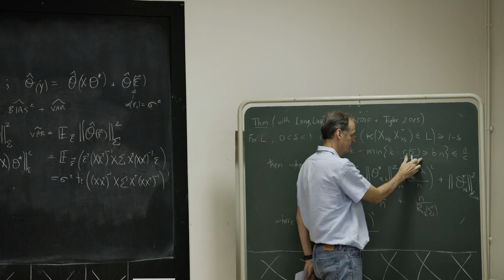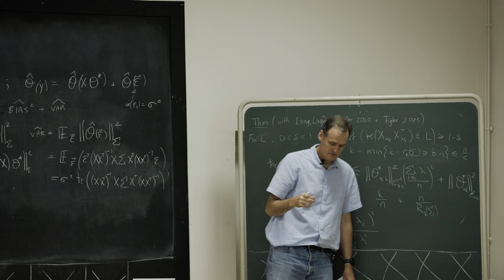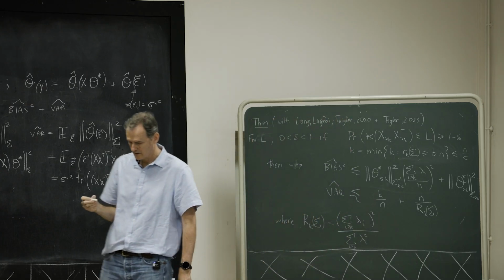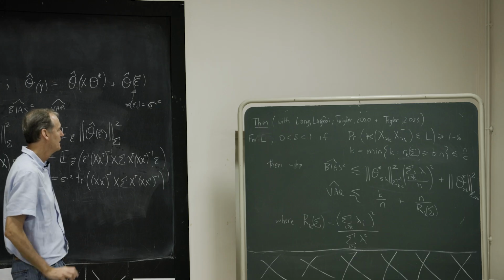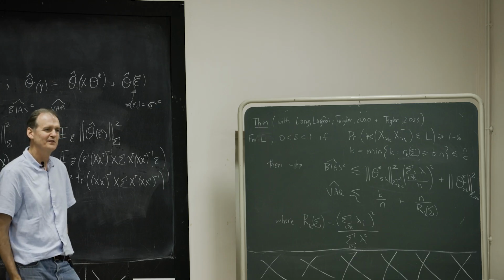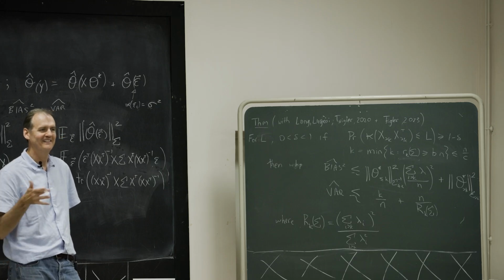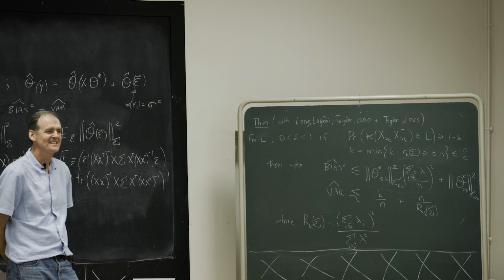Otherwise, this is infinity after k. If the lambda i's are 0 after k, then this r_k is plus infinity. It's not plus infinity, it's 0 over 0. So yeah, okay. How do you define that? I don't know. It's the L1 norm over the L infinity norm.